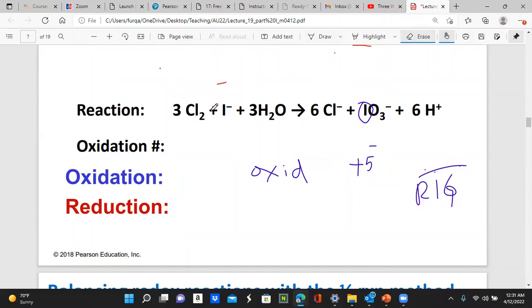But on the chemical equation, we first have to assign the oxidation number to all the elements in all the compounds present, and then figure out where the electrons are being lost and where the electrons are being gained.